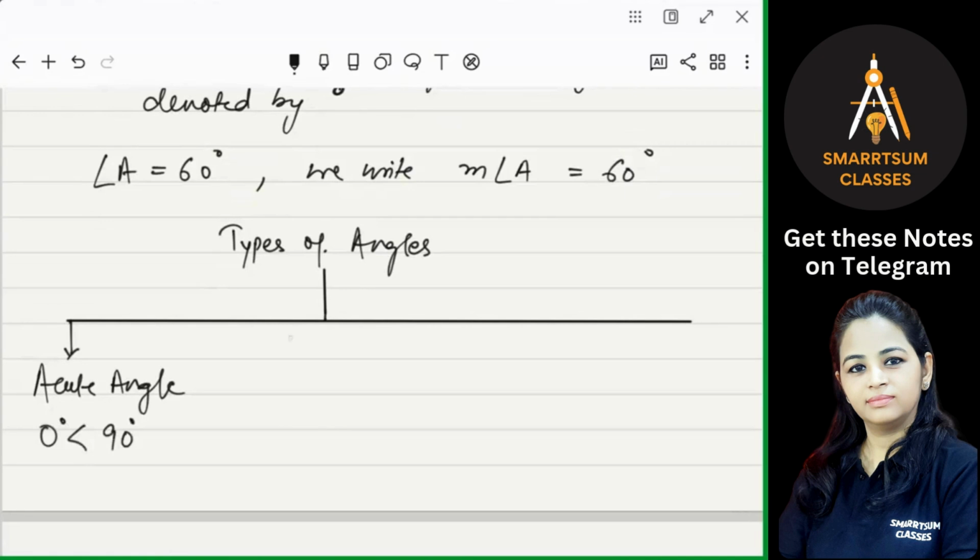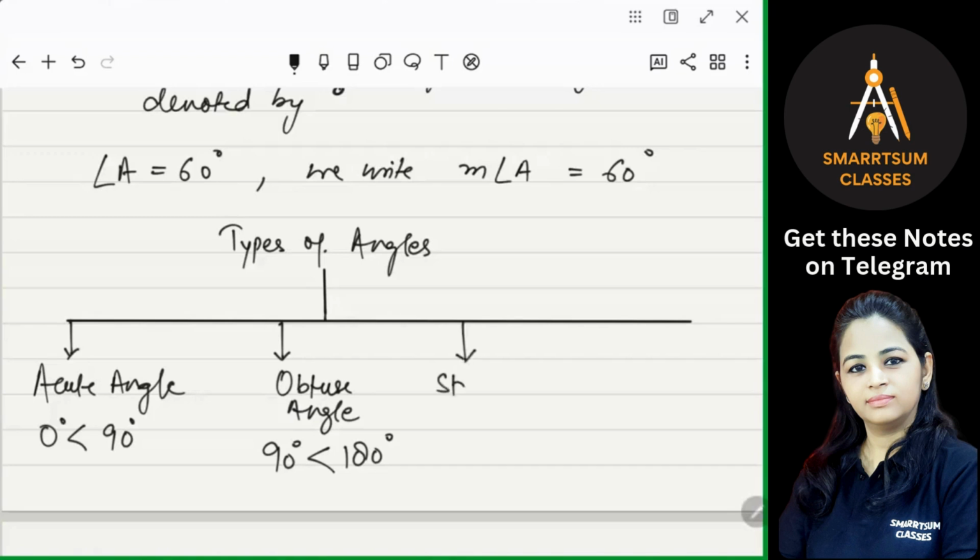Then another type of angle is the obtuse angle. What is an obtuse angle? An angle whose measure is more than 90 degree but less than 180 degree. Any angle whose measure is greater than 90 degree but less than 180 degree is called an obtuse angle. This we have already studied earlier.